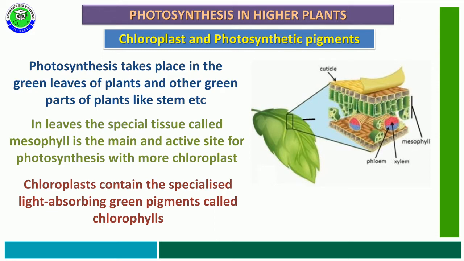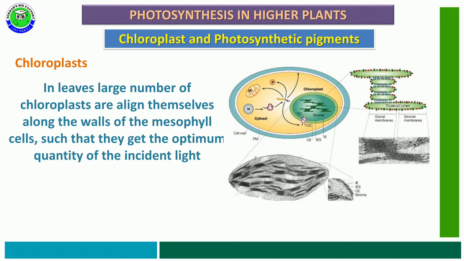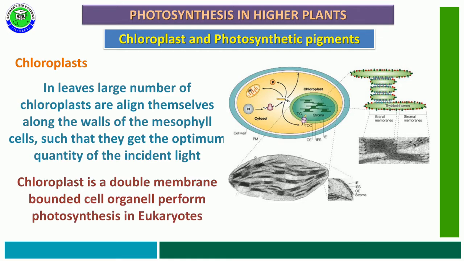These chlorophyll pigments are responsible for absorption of light energy in photosynthesis. In leaves, a large number of chloroplasts are aligned along the walls of mesophyll cells to get the maximum quantity of incident light energy for photosynthesis.